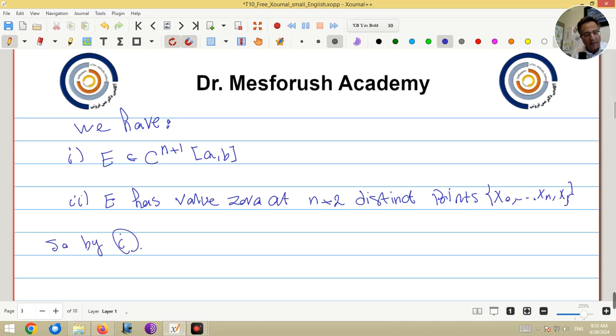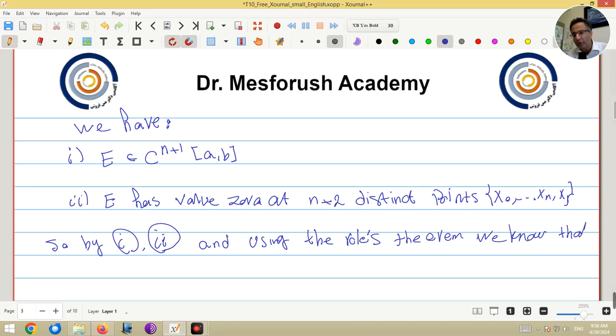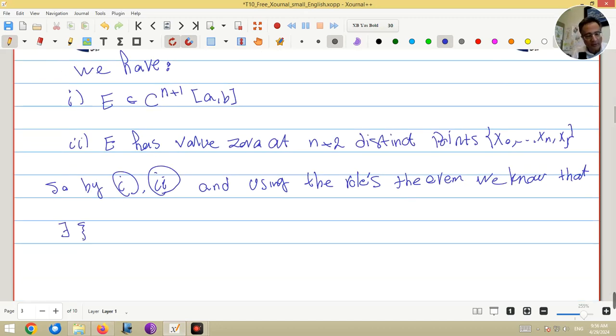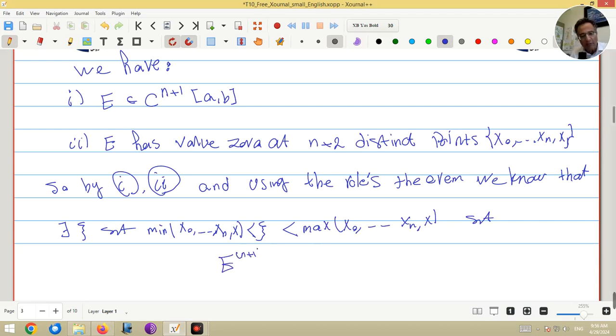Now by 1 and 2, and using Rolle's theorem, in fact the extended Rolle theorem, we know that there exists a point xc, greater than the minimum of x0 to xn and x, and less than the maximum of x0 to xn and x, such that the derivative of order n+1 of e at xc will be 0.